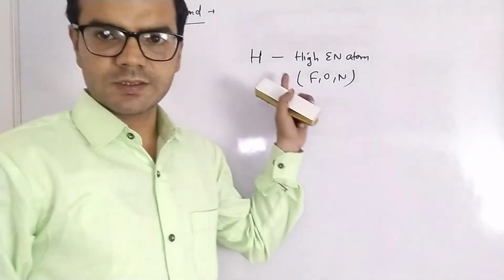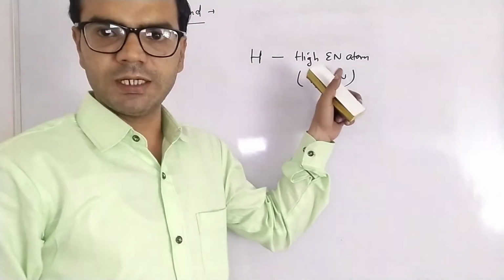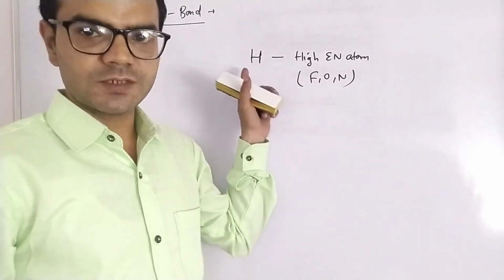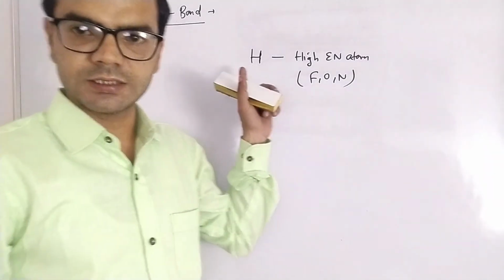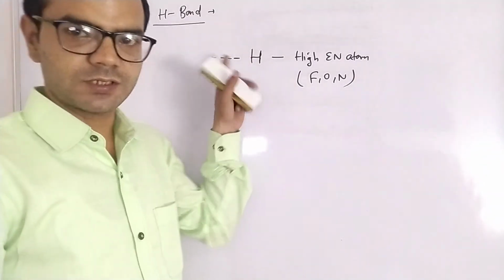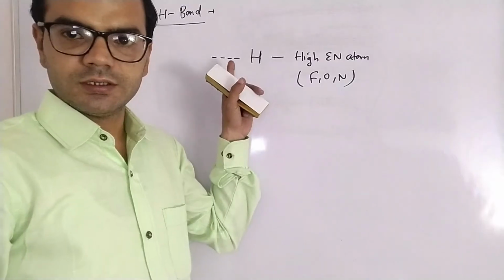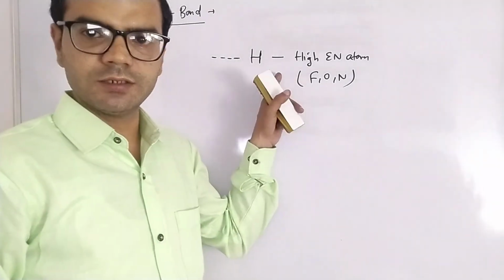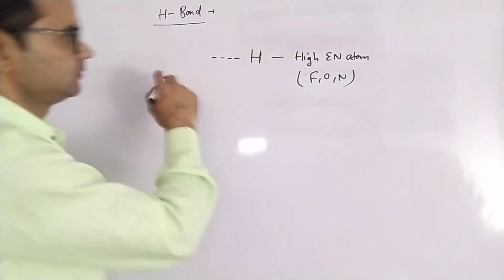When hydrogen is covalently bonded with a highly electronegative atom like fluorine, oxygen and nitrogen, then it forms a weak electrostatic force of attraction with the other electronegative atom of the same molecule or a different molecule.